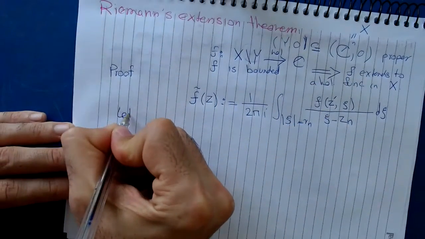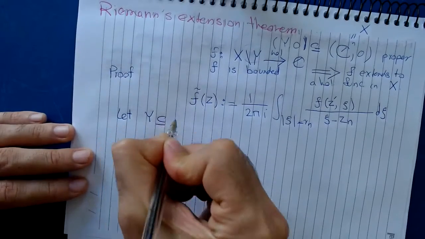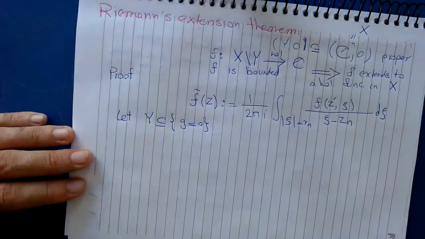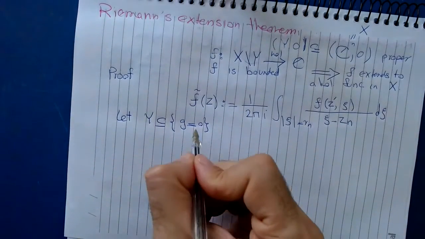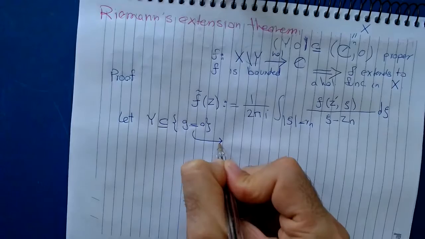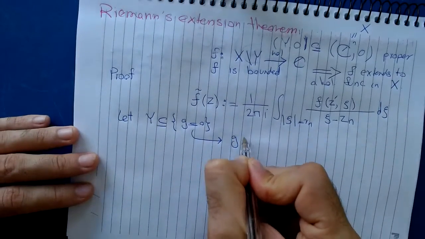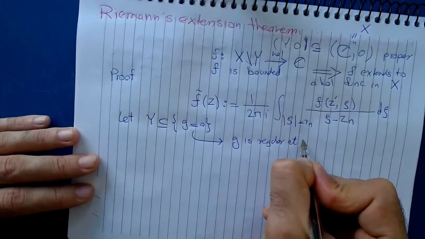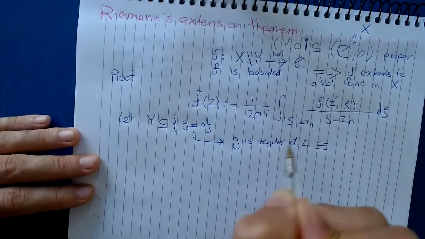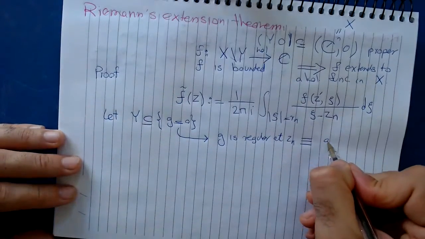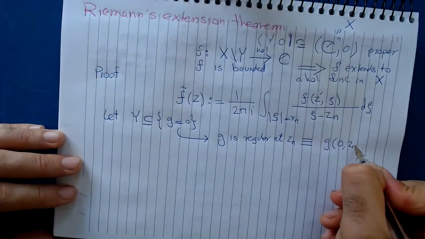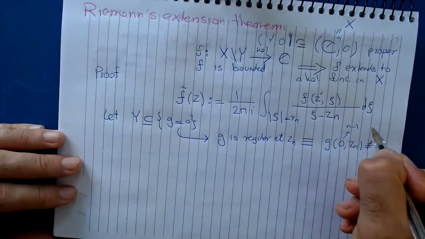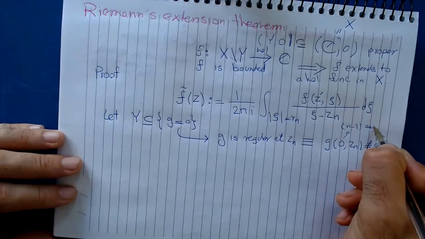Let y be a subset of G equal to 0, G holomorphic. As we can assume, G is regular at zn. I didn't make the definition, but this means that G(0, zn) is not identically 0. And remember that these are n minus 1 coordinates.